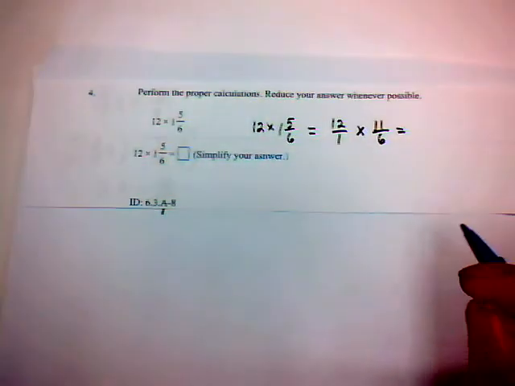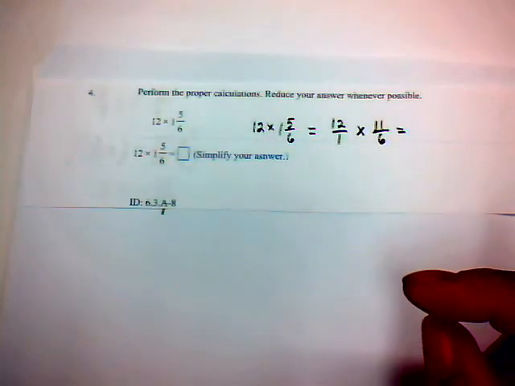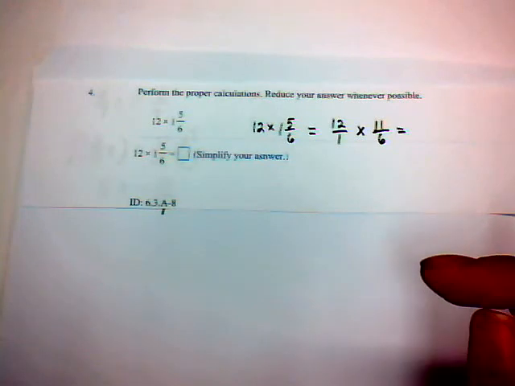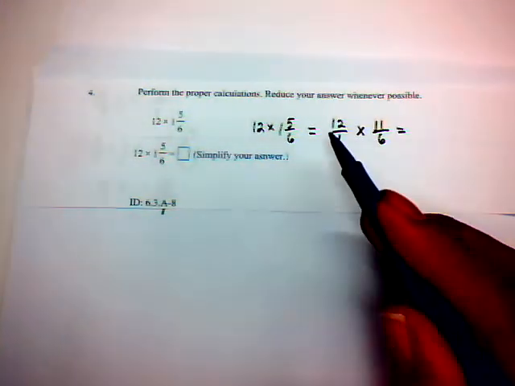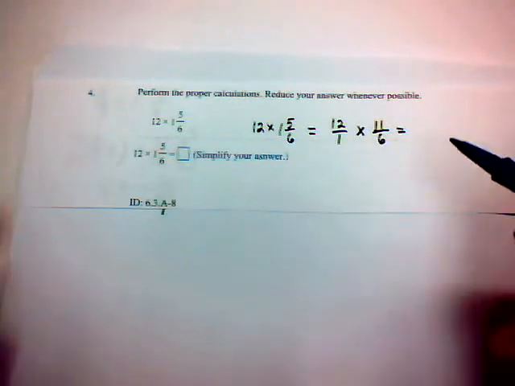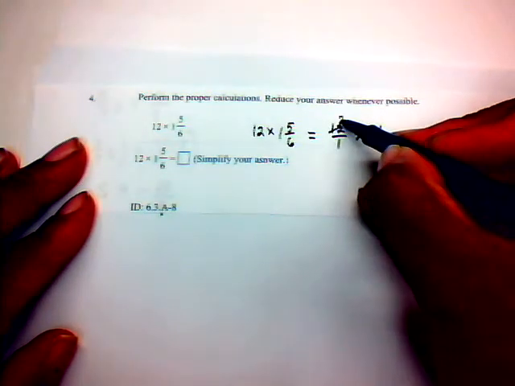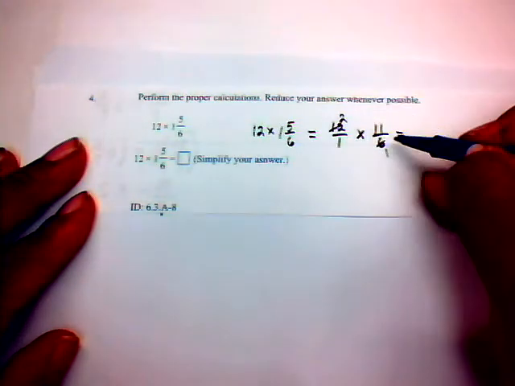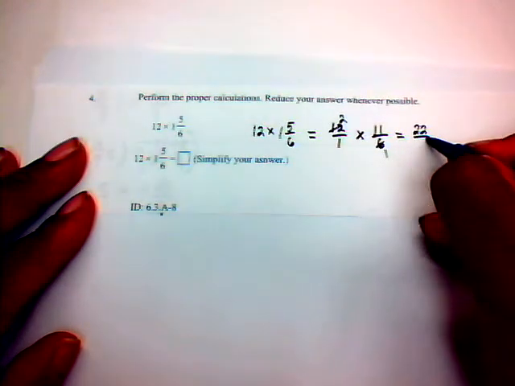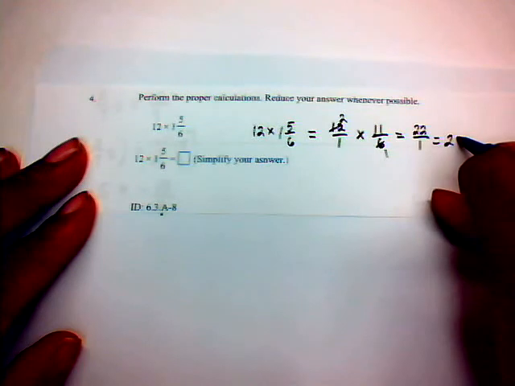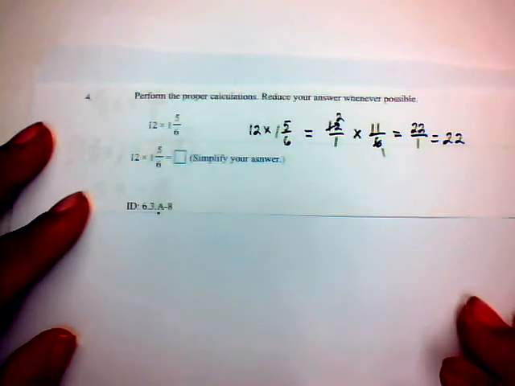So now I got 12 over 1 times 11 over 6. Okay, now I can do some cross dividing here with the 12 and the 6. 6 goes into itself 1 time, 6 goes into 12 2 times. 2 times 11 will be 22 over 1. The final answer there will be 22.